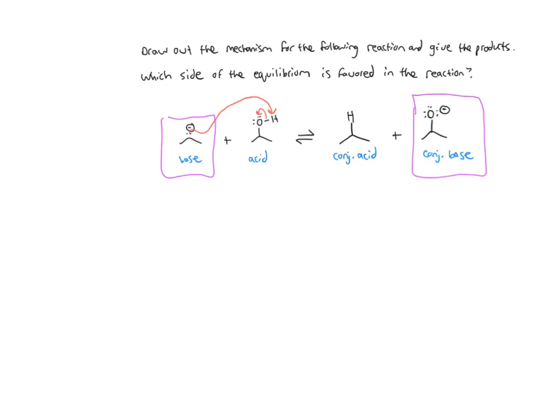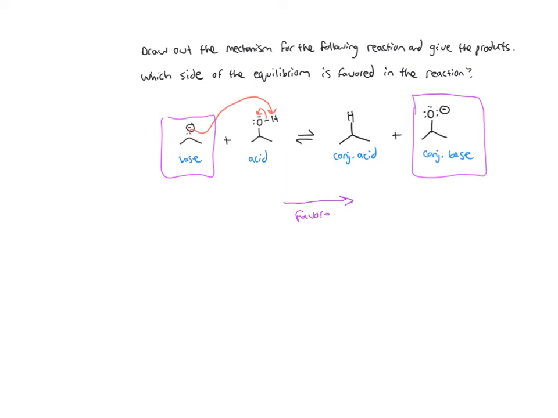Oxygen is more electronegative than carbon, and these are in the same row of the periodic table. So we're talking about electronegativity. So the oxygen can handle that negative charge better. And so that means that this is going to be a stronger acid than this one, or it can also mean that since this is more stable, the right-hand side of the reaction is favored.